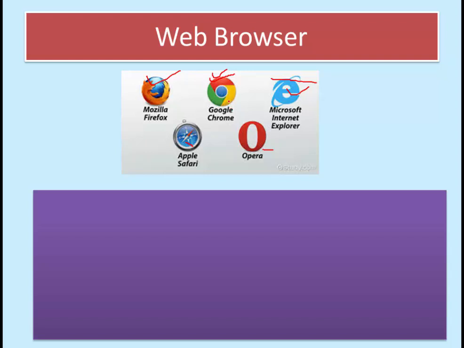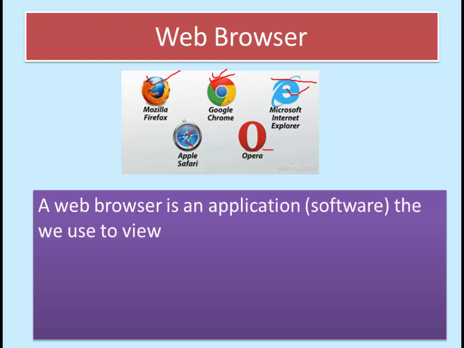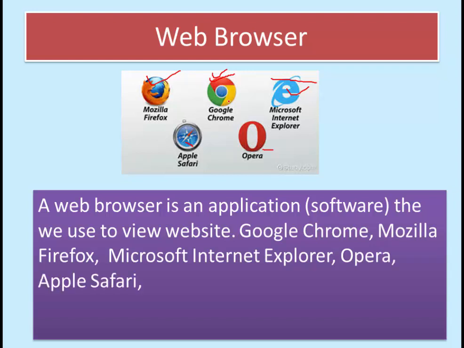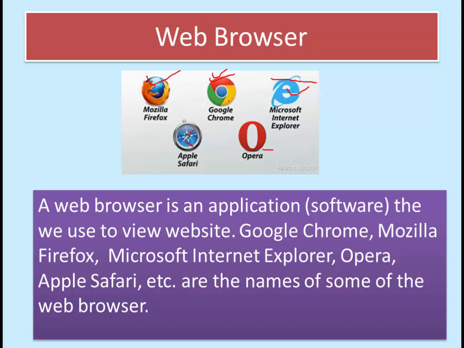So what is a web browser? A web browser is an application or software that we use to view websites. Google Chrome, Mozilla Firefox, Microsoft Internet Explorer, Opera, Apple Safari, etc. are the names of some of the web browsers.